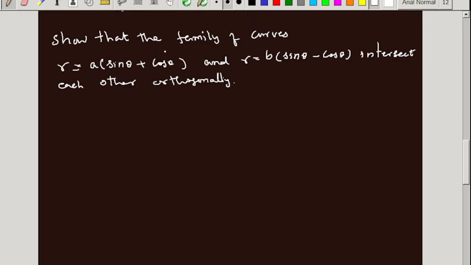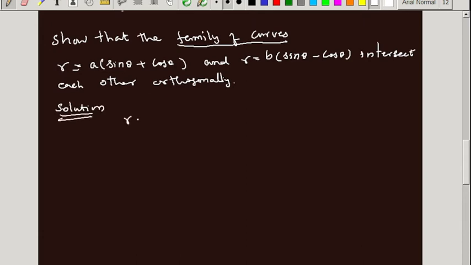Show that the family of curves r equal to a into sin theta plus cos theta and r equal to b into sin theta minus cos theta intersect each other orthogonally. Here a family of curves is given, so we must use the orthogonal trajectory. Solution: we take any one of the curves.